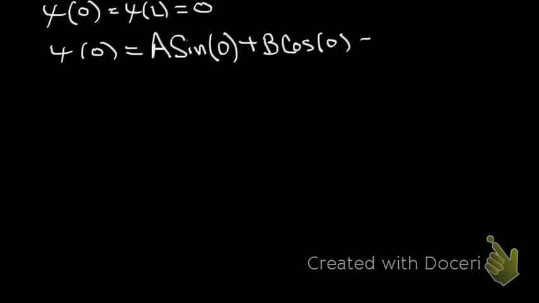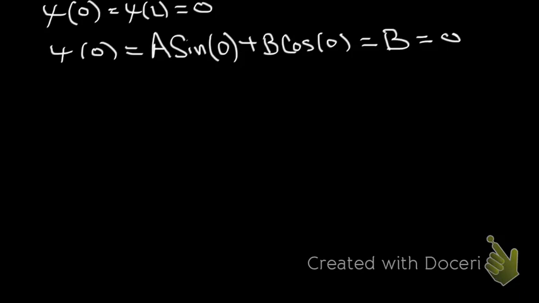We know that sine of 0 is 0 and cosine of 0 is 1, so this gives me b, and this b must be equal to 0.